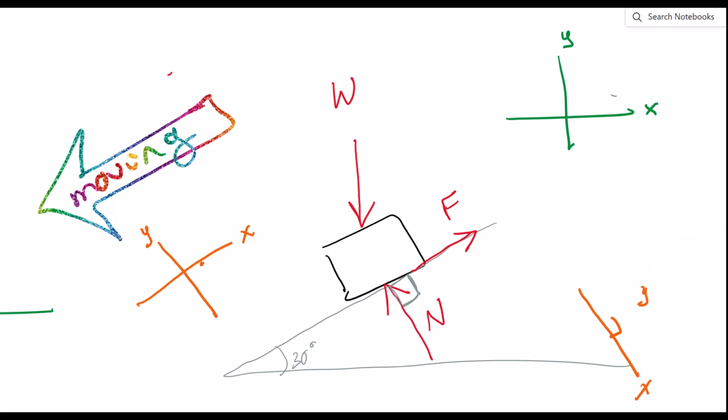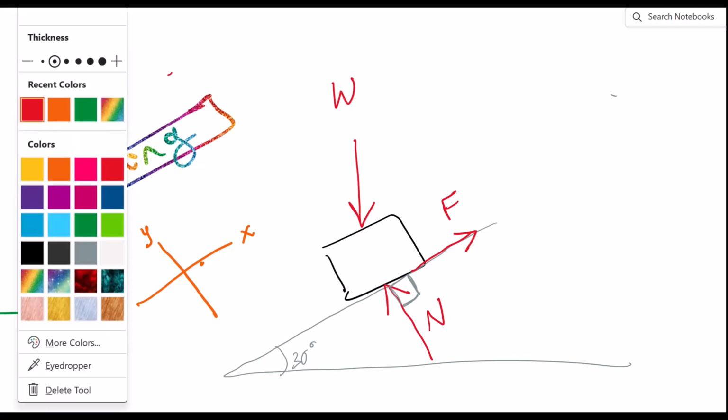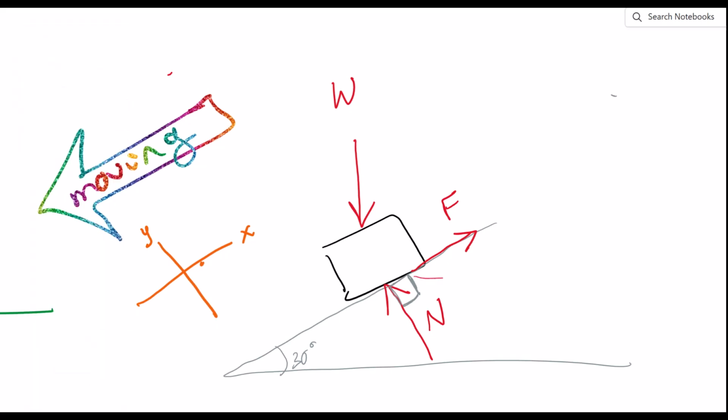So for the purposes of math, instead of breaking F and N into two components each, I would rather just break the W. Basically, I could either break F and N into components to make everything lefty, righty, uppy, downy, or I could just break the weight into components in line with the ramp.